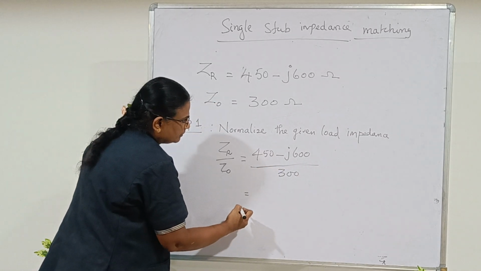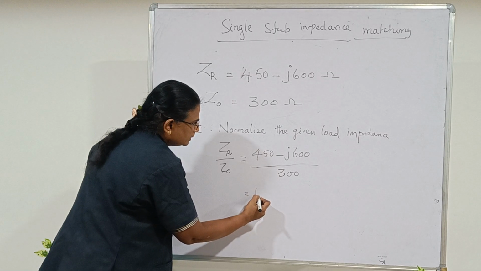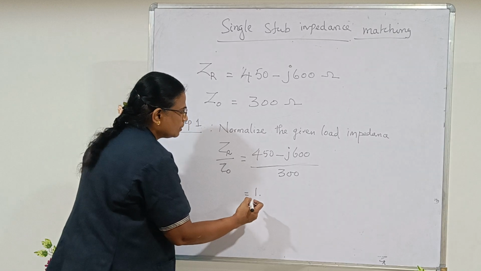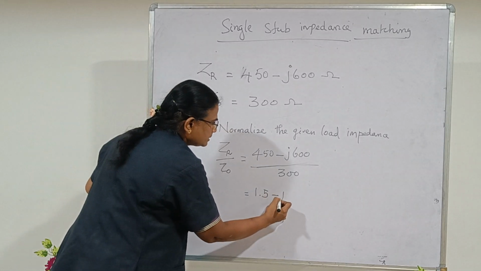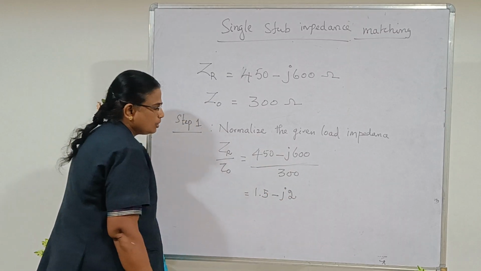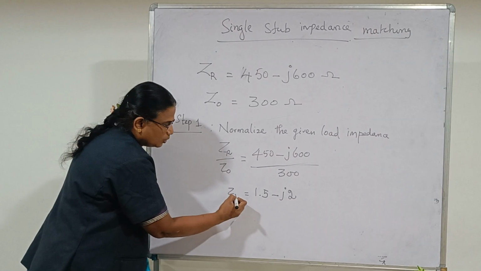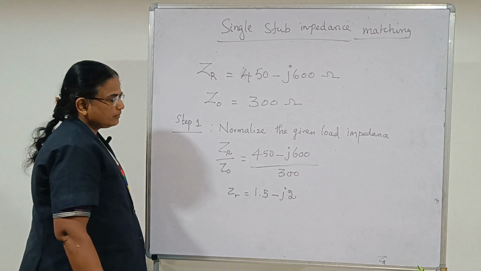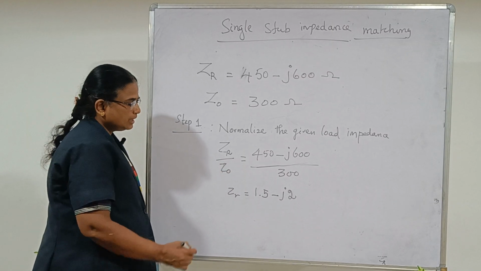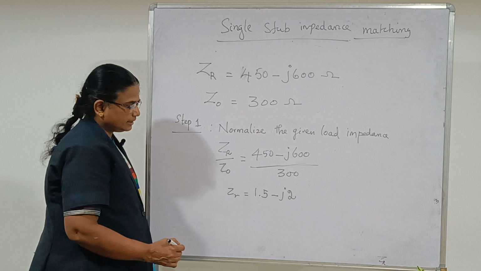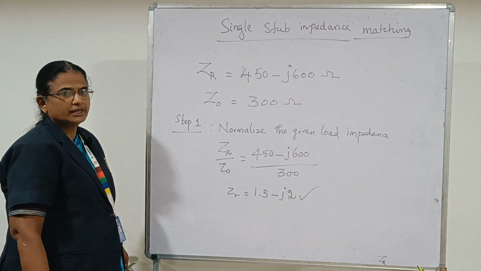So we will get 450 by 300, which is 1.5, minus J2. This ZR by Z0 is designated by lowercase zR, which is the normalized load impedance. It is a dimensionless quantity. Now this is to be plotted using the Smith chart.